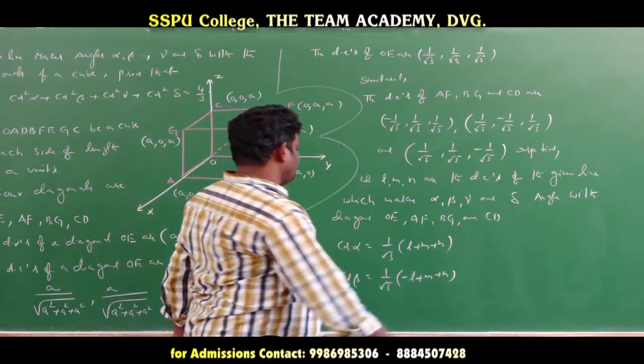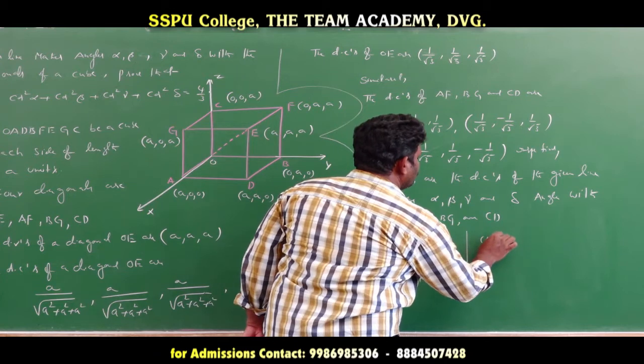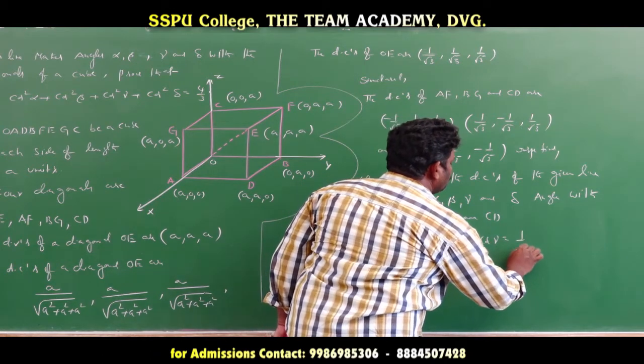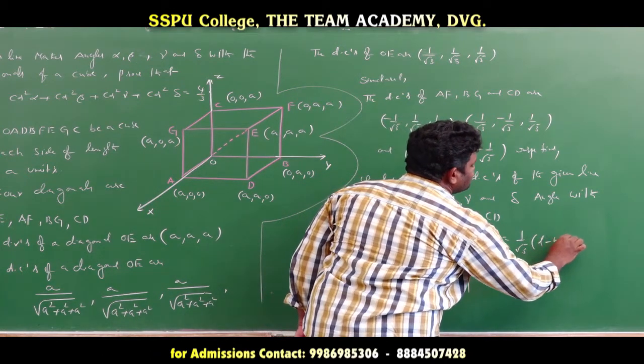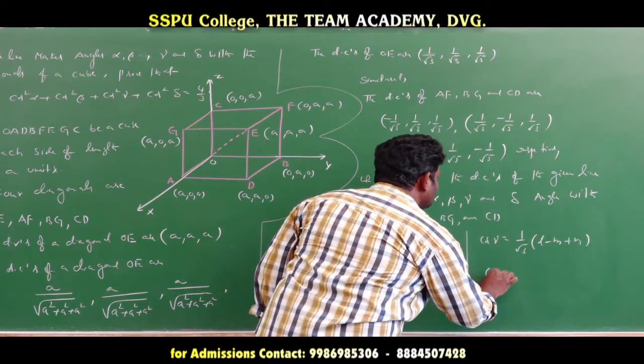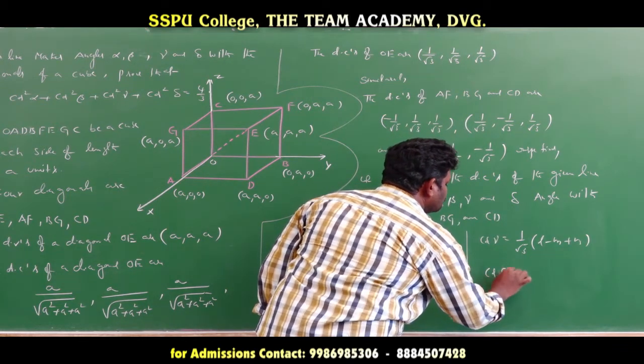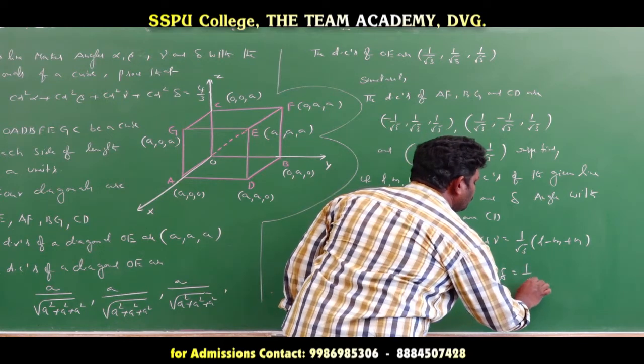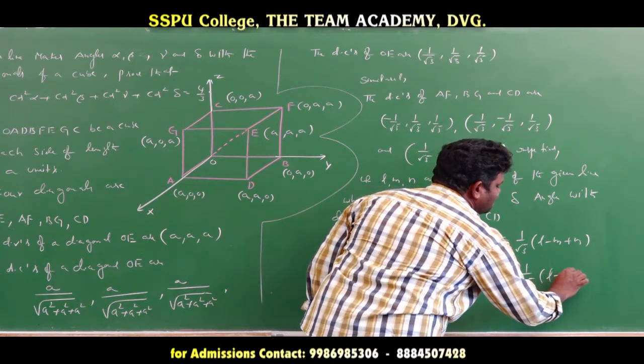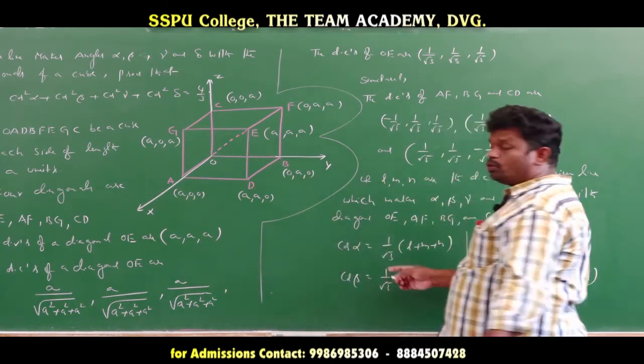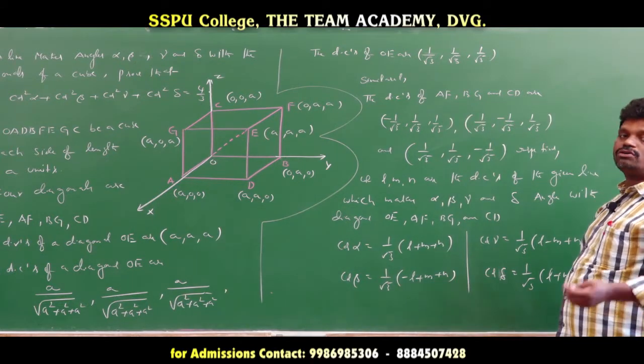Next, cos gamma is 1 by root 3 into l minus m plus n. Next, cos delta is 1 by root 3 into l plus m minus n. How do we write these values? Just take the dot product.